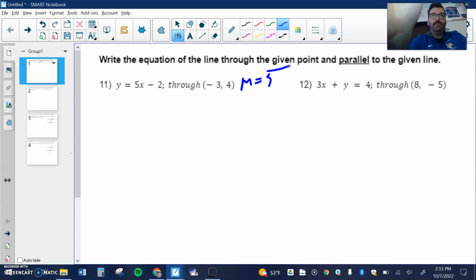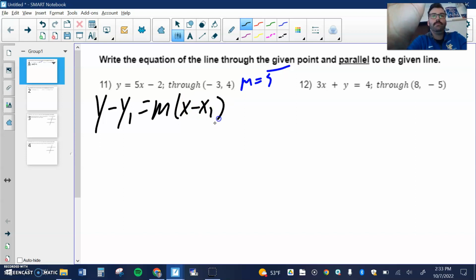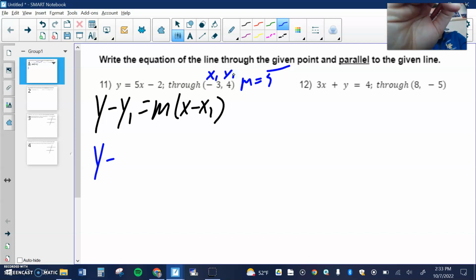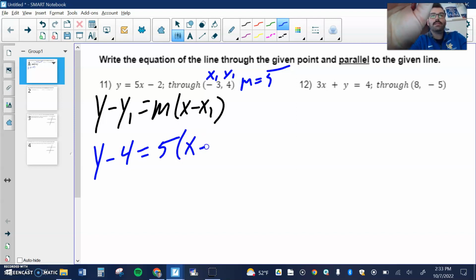So I'm going to use my little friend here, point-slope form. y minus 4 equals 5 times x minus negative 3, which becomes positive 3.